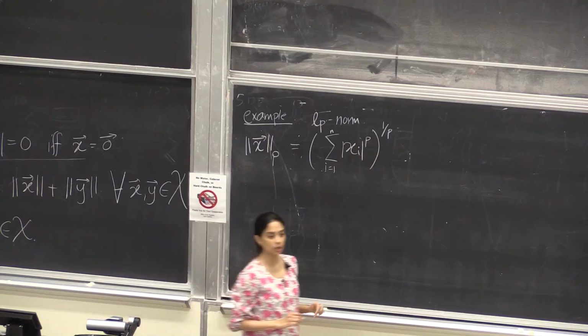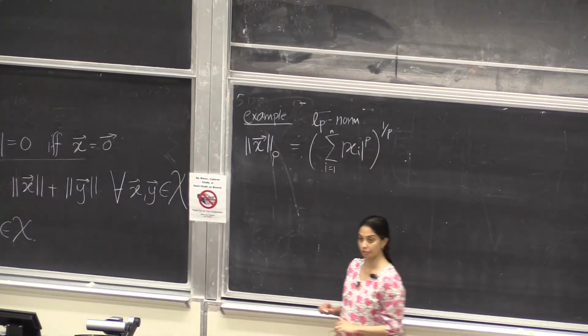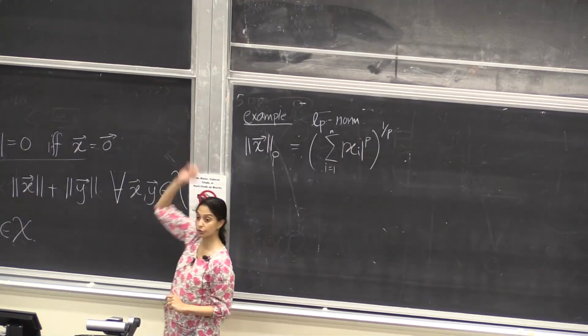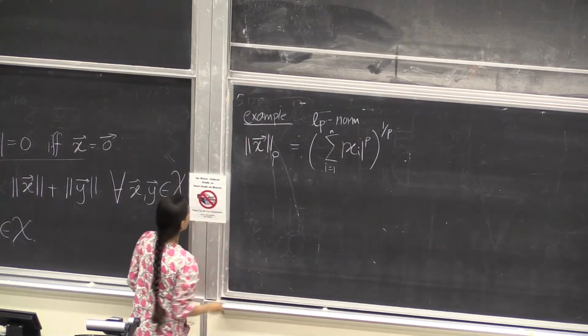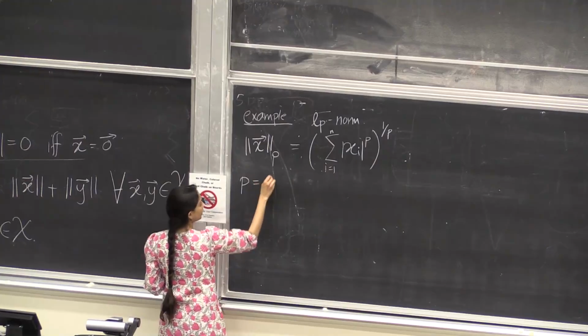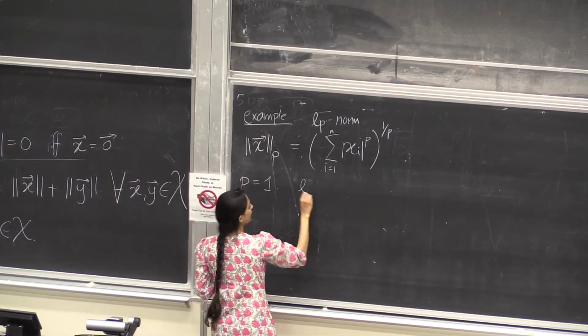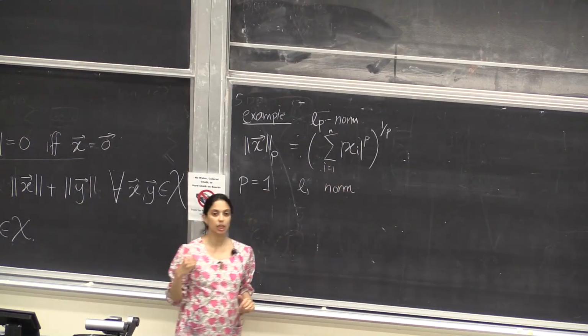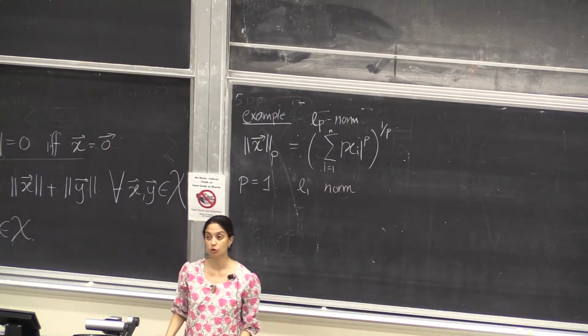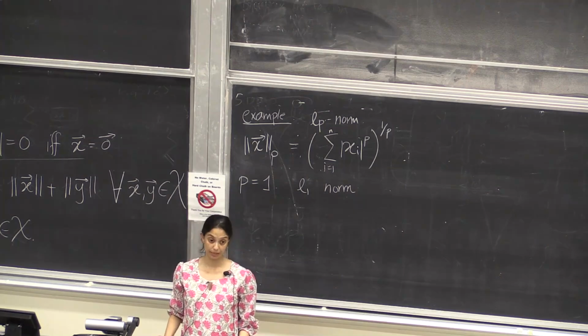There are particularly 2 values that are going to be of extra interest to us. Well, of course, P equal to 2 is of interest to us. It's a particularly useful norm. But if I take P equal to 1, this is called the L1 norm. And it's a particularly valuable one that we use a lot in the context of optimization.